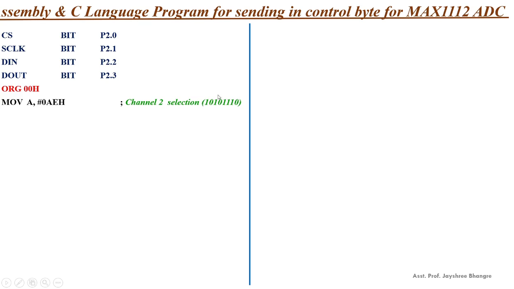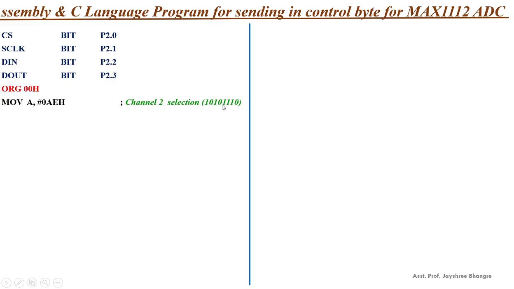That means we are sending this data through the control byte to the ADC chip. So here this is the start bit, the MSB, that must be 1. Then these three are SEL2, SEL1 and SEL0. These three are the channel selecting bits. So we are making these bits 0, 1, 0. That means we are selecting channel 2.